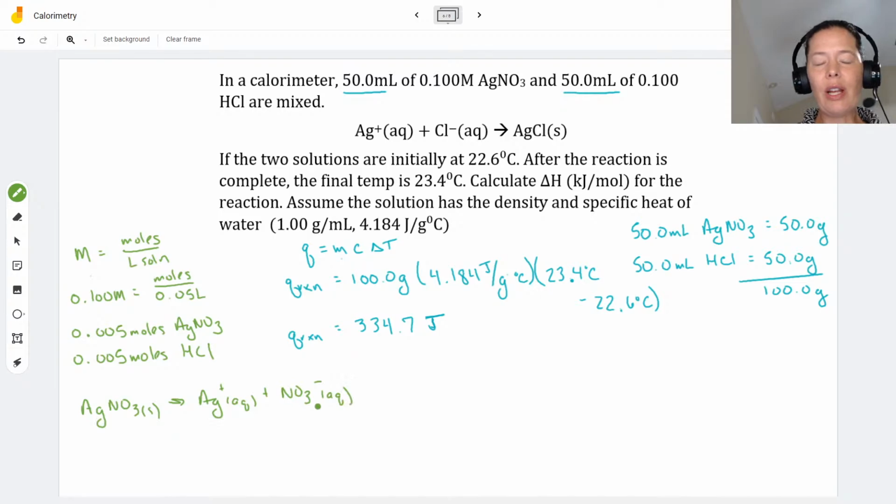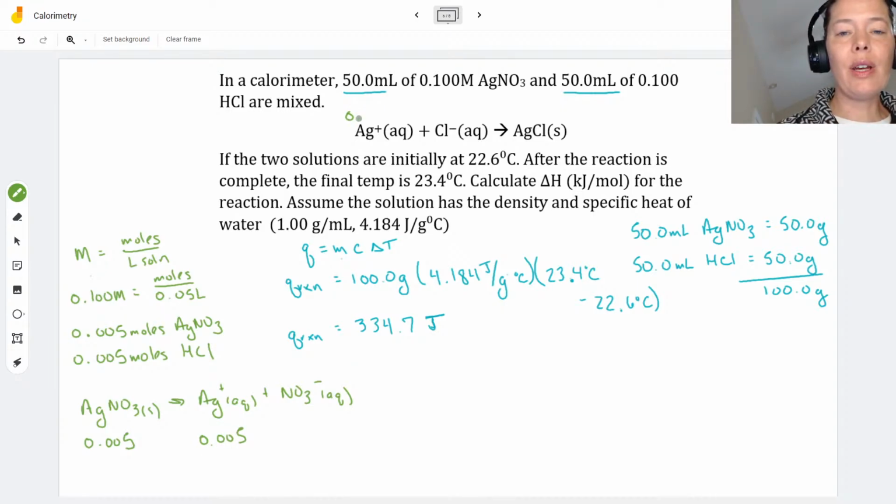And these are in a 1-to-1 ratio. So if I have 0.005 moles of silver nitrate, I have 0.005 moles of silver. I'm going to write that above the equation.